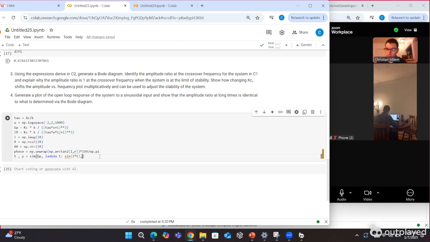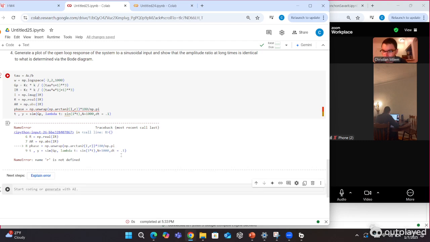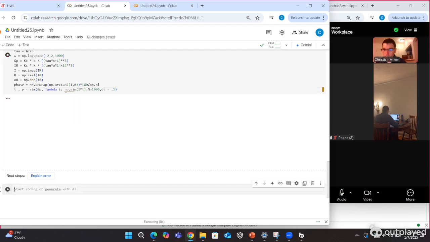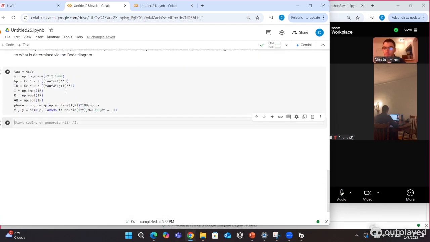And it's going to be equal to 1,000. And then our discretization is going to be equal to 0. R is not defined. Oh, shoot. np dot sine, I mean. All right.